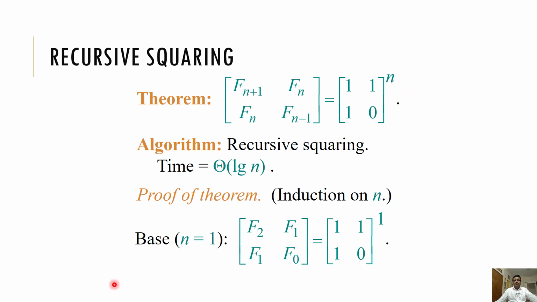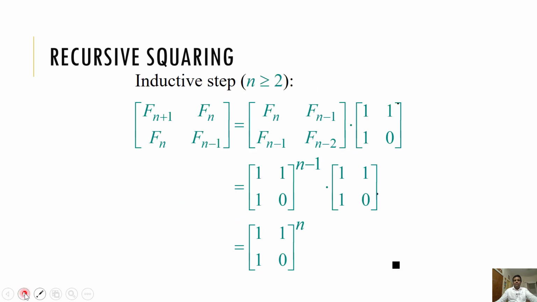Now we need to assume the induction hypothesis. We need to assume that the result is true for n is equal to k, and then show that the result is true for n is equal to k plus 1.